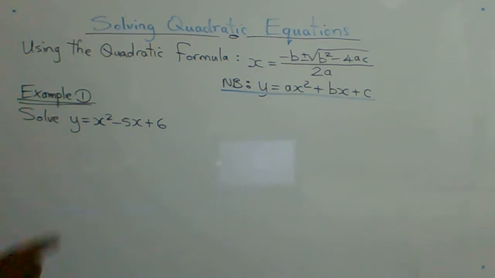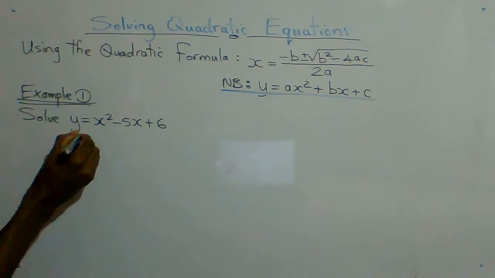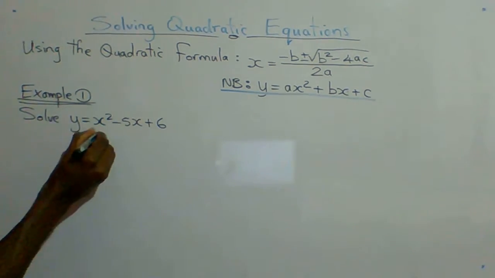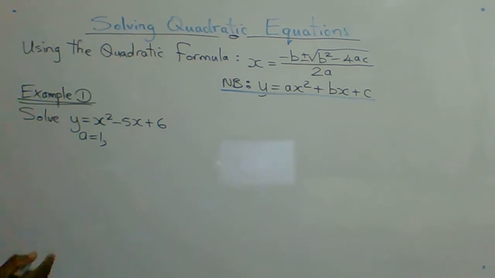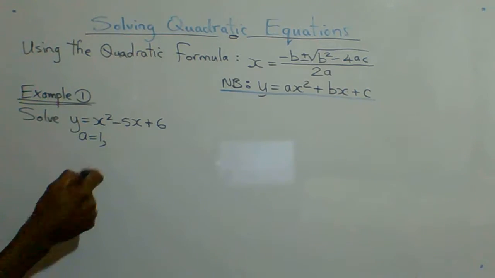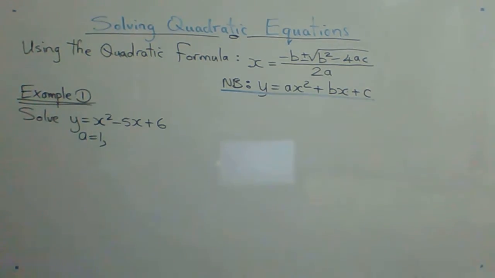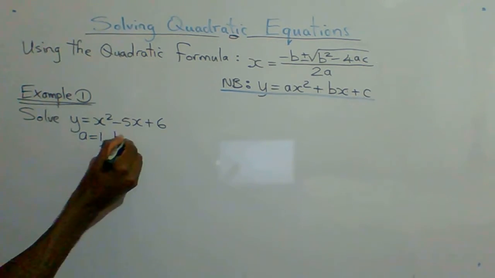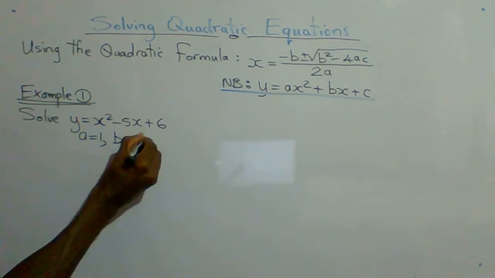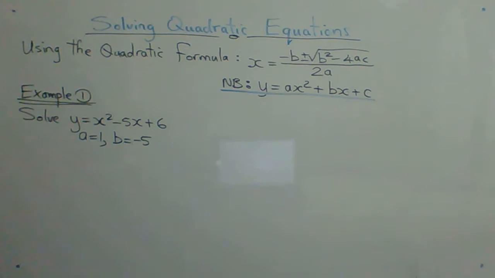So therefore, the coefficient of x squared is our a, which is 1, because x squared is the same as 1x squared. The coefficient of our x term, which is b in this case, is negative 5.